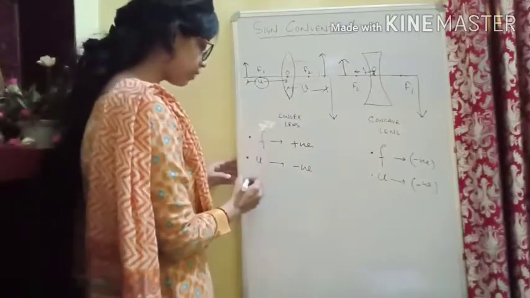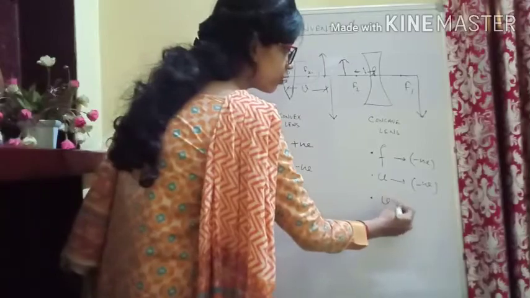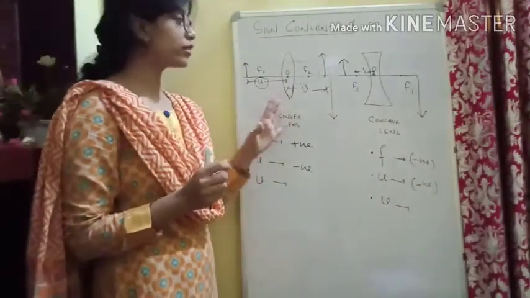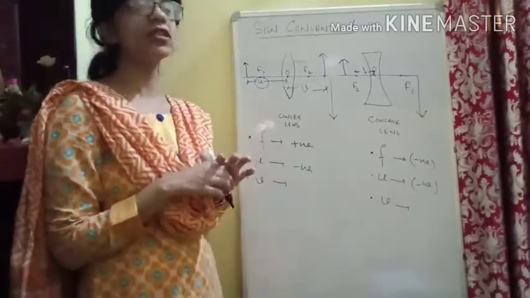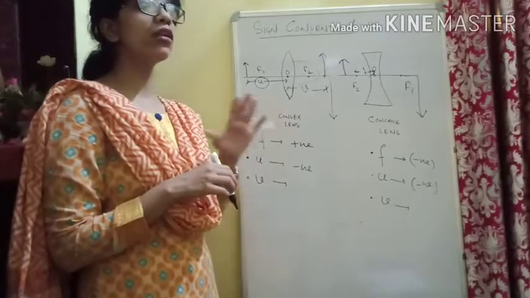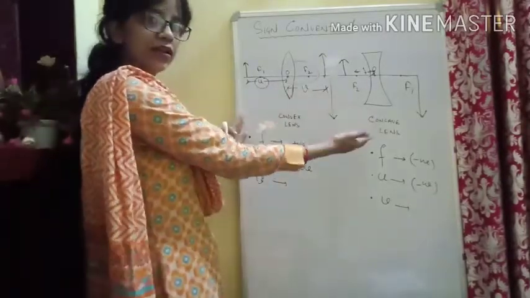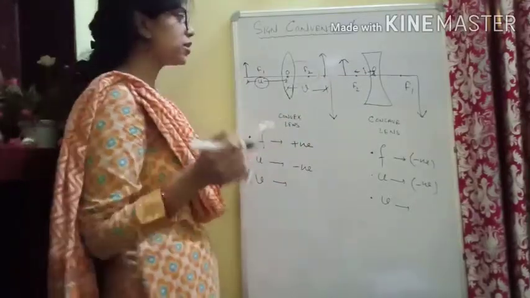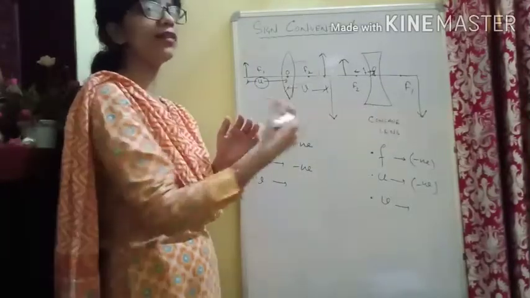Now let us talk about the position of the image, whether it is positive or negative. If you remember, in case of convex lens, we have seen 6 cases where we were getting the images, and in 5 cases we were getting the images on the right hand side, which were real and inverted. If you remember, as I have given you the chart, you can see there also that the image formed is always on the right hand side and inverted.